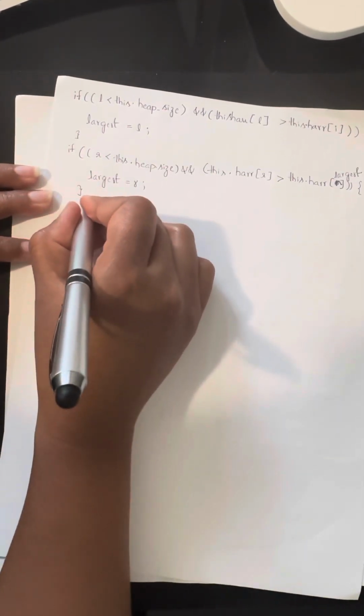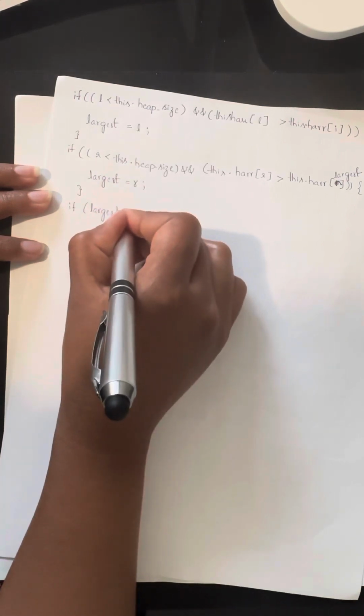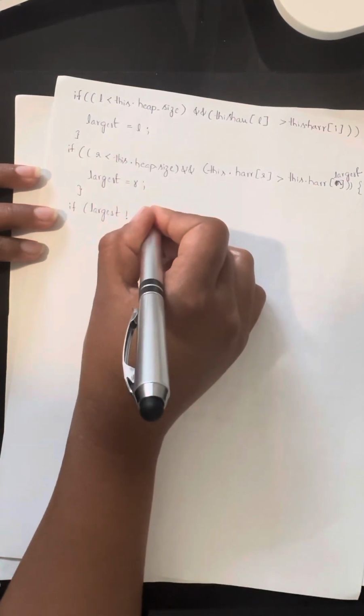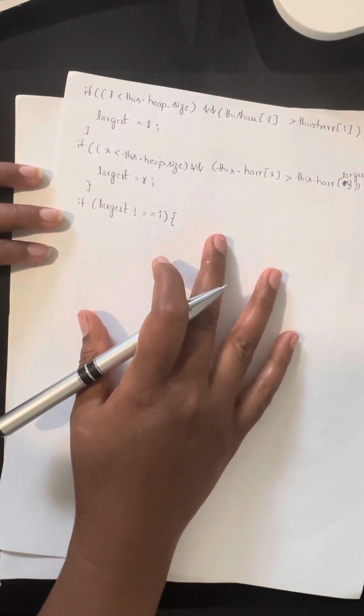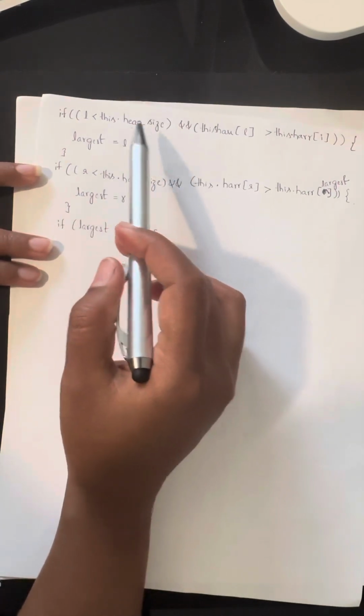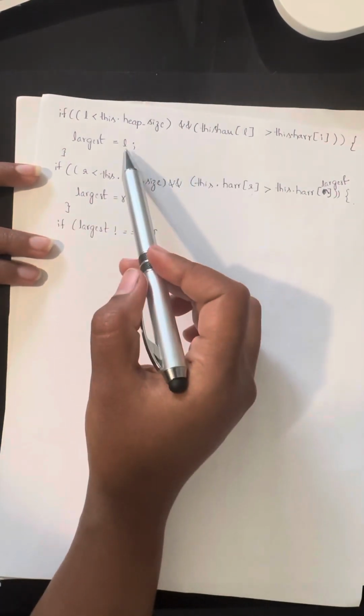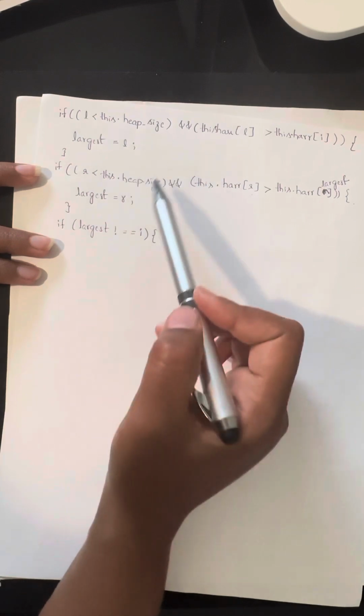Now we are going to check if largest is not equal to I, that means we have changed the largest, which means the largest has become the left child or the right child.